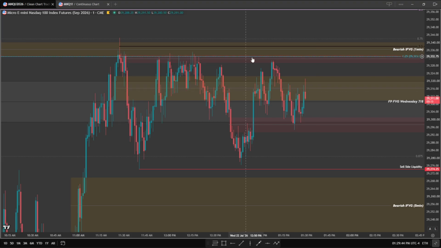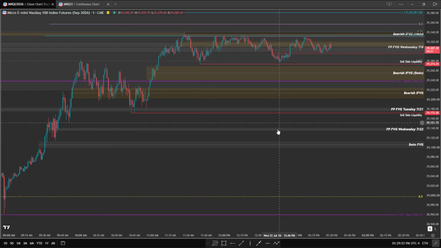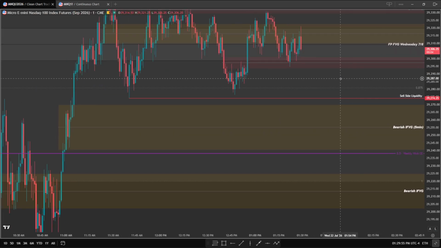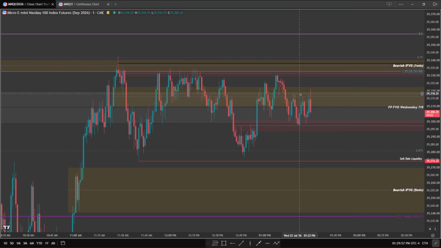Yeah, these highs are just looking more and more suspect. Of course, it'd be annoying if it's just sweeping these little highs and then it's going to go lower.